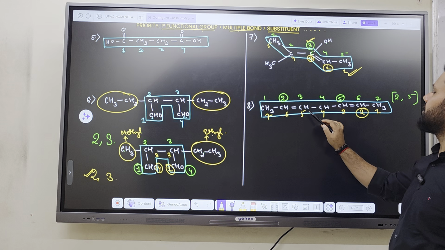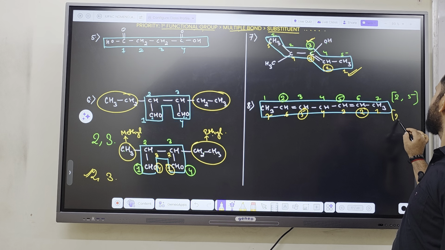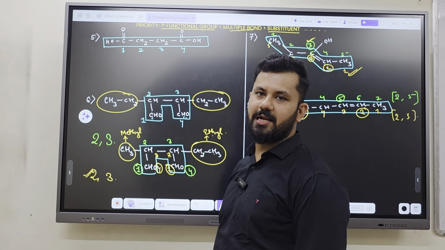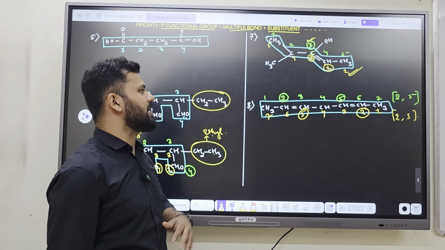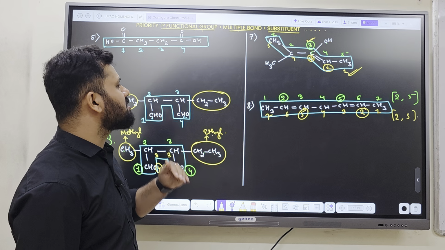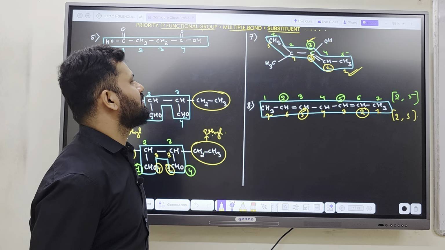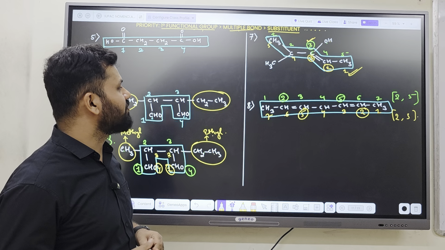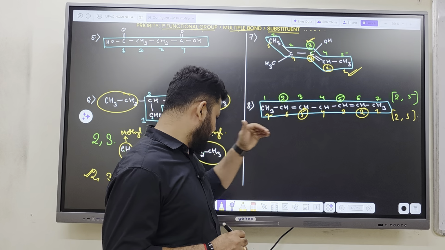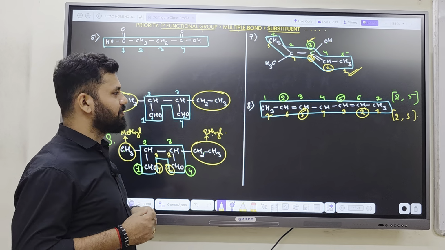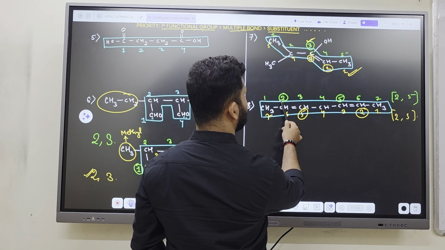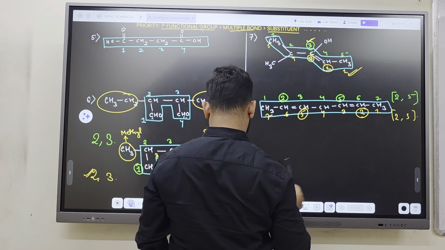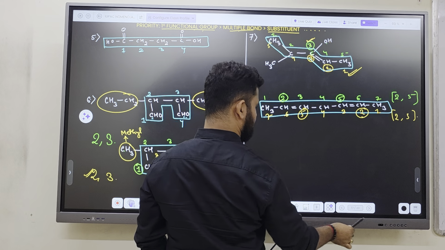Double bond occurs at 2 and at 5. So both ways the set of locants we are getting, 2, 5, is same, and hence I must resort to the next level, that is substituents. But there are no substituents, and hence we say that both ways of numbering are same. Either way, at second position double bond, fifth position double bond. So no issue with that.